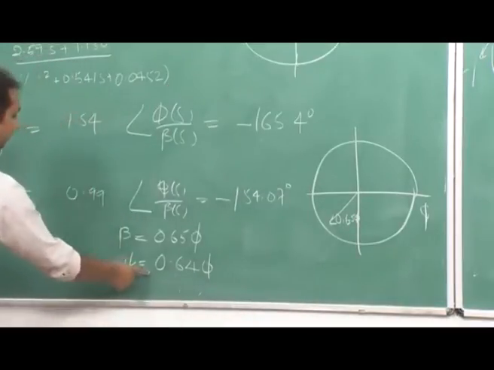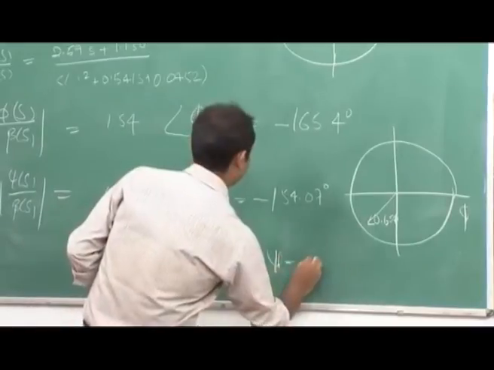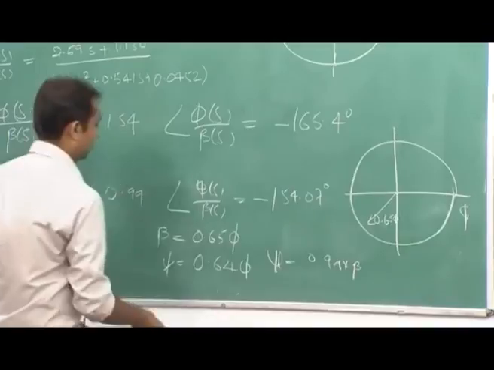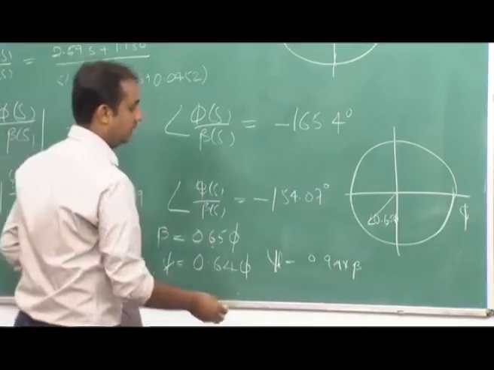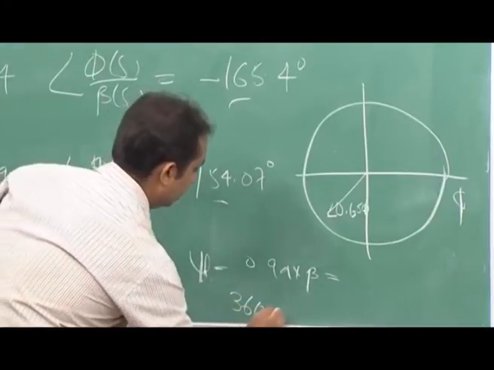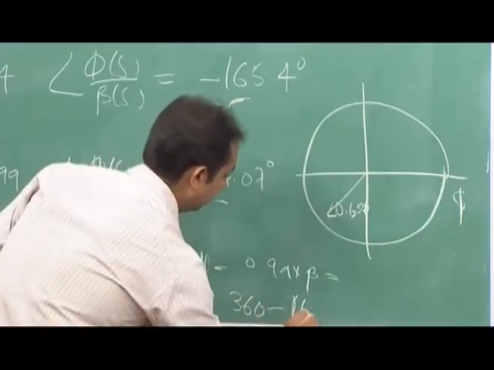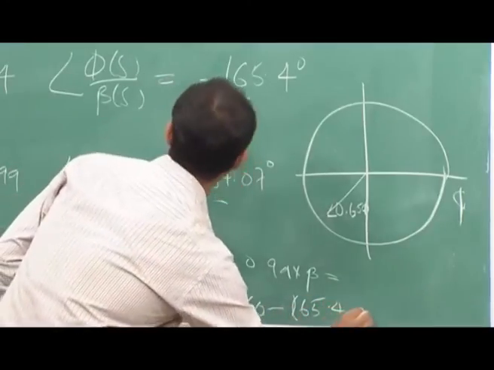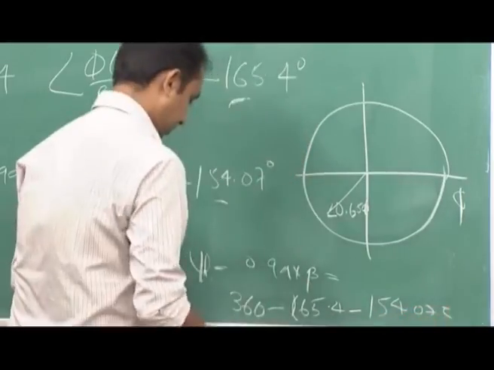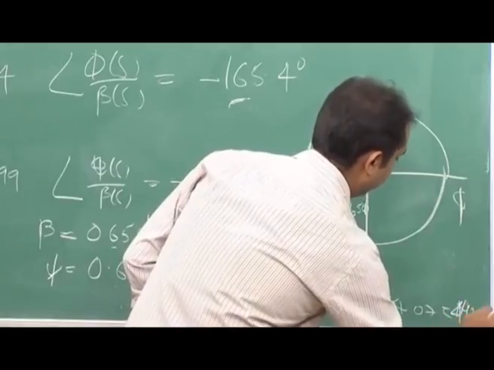And since psi is obtained by 0.99 times beta, and beta is already 0.65 times phi, the angle which you will get is 360 minus 165.4 minus 154.07, which will be around 40.50 degree.